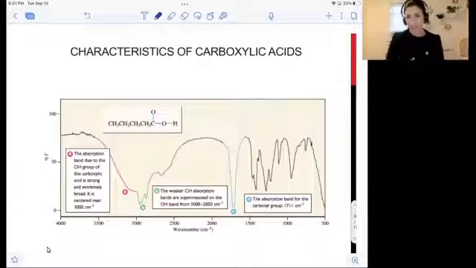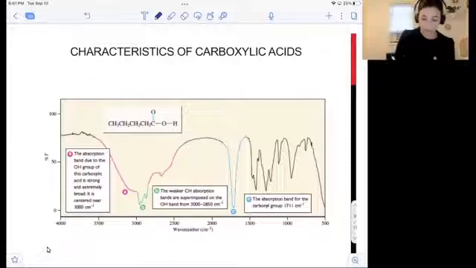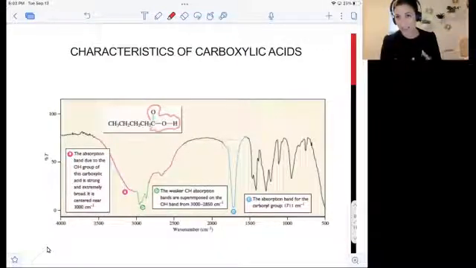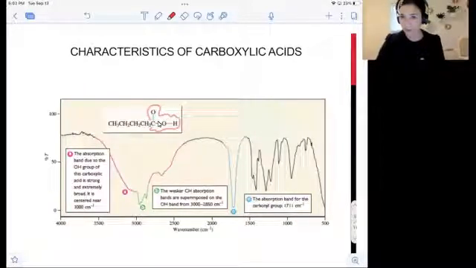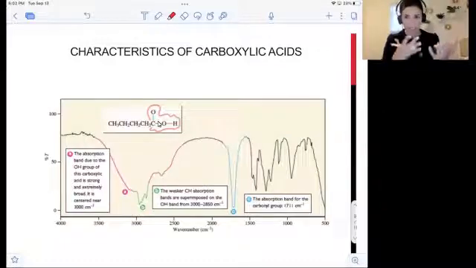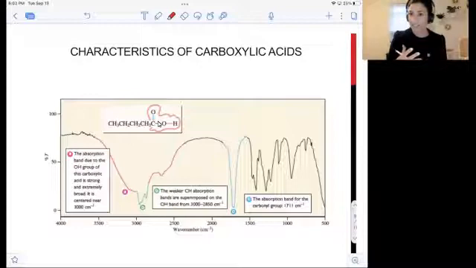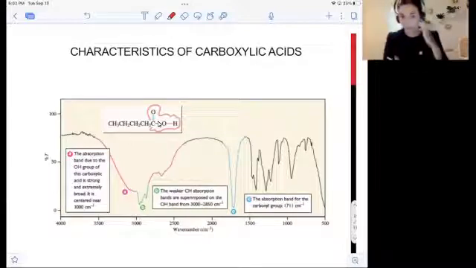If we move to the carboxylic acid, you'll notice that it's actually a little bit more of a complex functional group. The reason for that is it contains both a carbonyl and an OH. What's important in the carboxylic acid is that the OH is directly attached to the carbon of the carbonyl. Based on what you've seen in the previous slides, because it does have a carbon-oxygen pi bond and it does have an OH bond, you're probably expecting to see signals similar to the ones we've seen before.